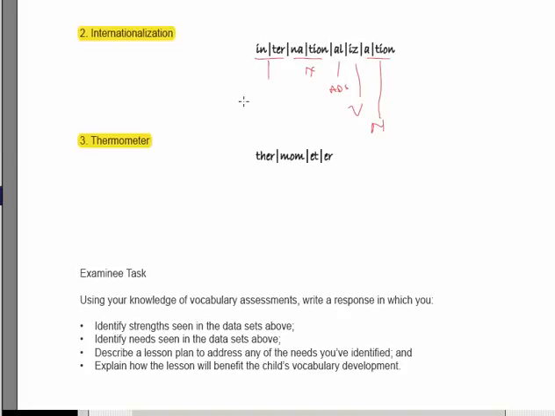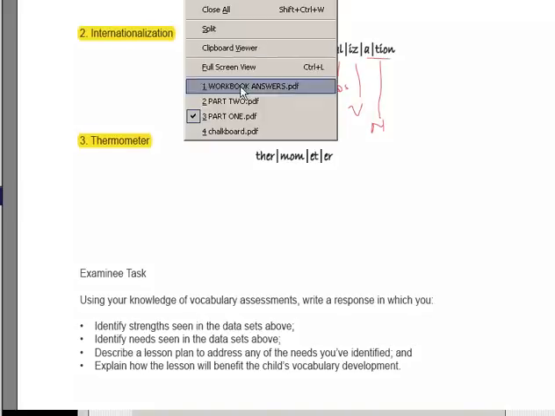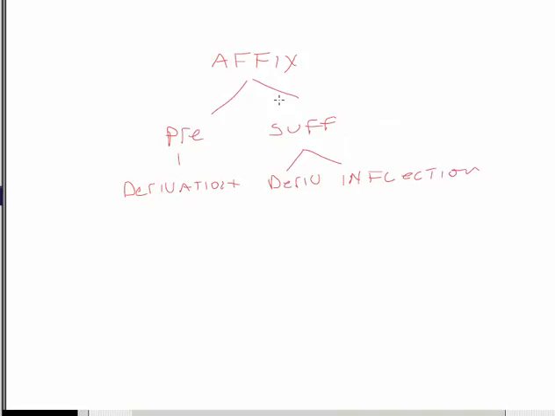Now, inter is a prefix that means between. So you use these derivational affixes to change the grammar and change the meanings of words. So that when you and I jump back to our little schematic right here, inter was the derivational prefix.